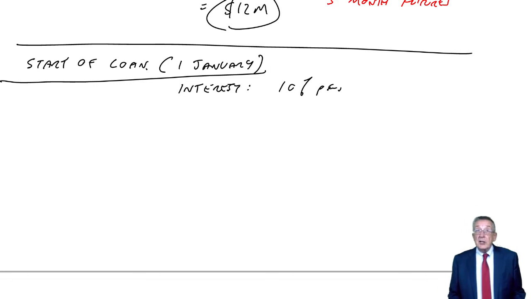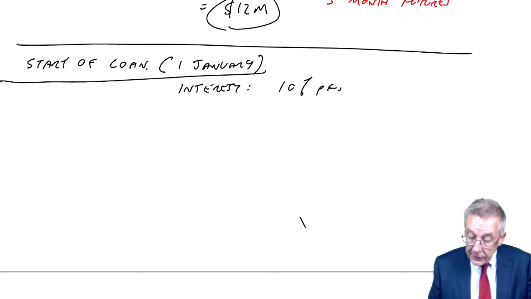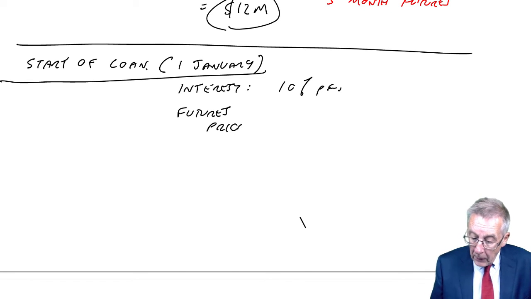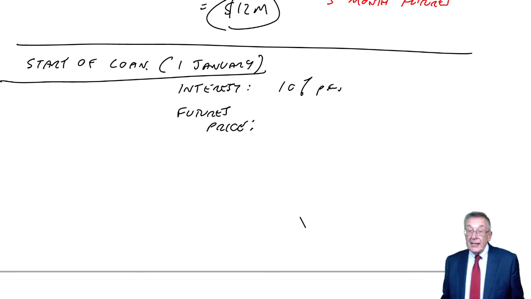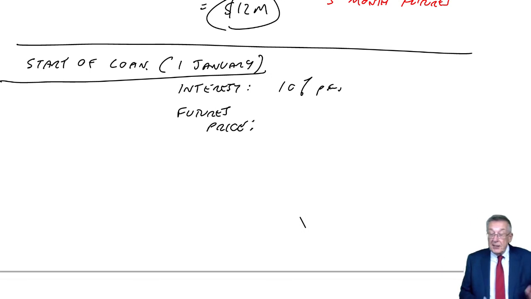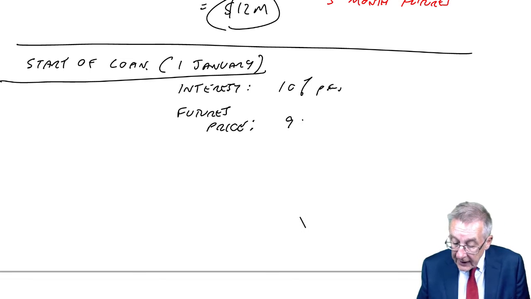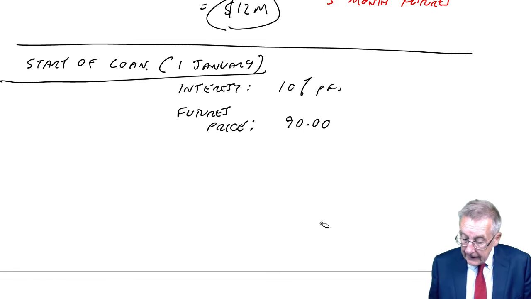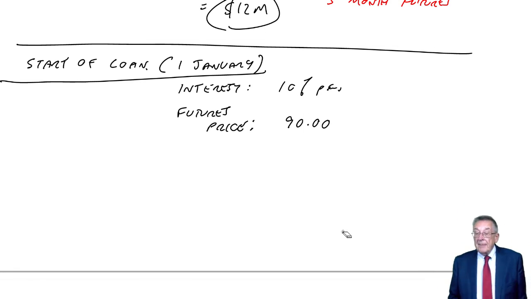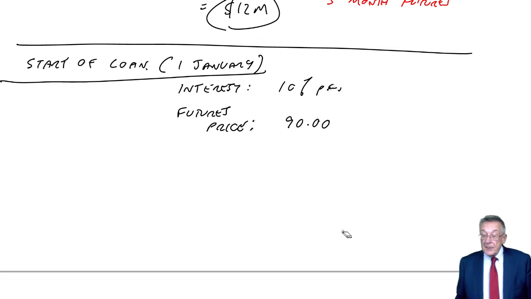And of course, if the interest rates change, the futures price will have changed. And it's changed to 90, which is perfect, isn't it? 100 minus 10, the futures price is 90. And now let's sort out what happens.